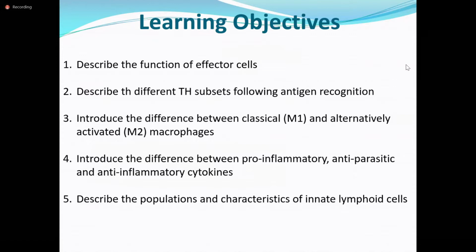And then finally, I'll be talking about this new class of lymphocytes that have been identified in the past 10 or 15 years, which bridge the gap between innate and adaptive immunity, which we call innate lymphoid cells. And these, we recognize now, are very important in communicating between the parenchyma and for driving this adaptive T cell response.